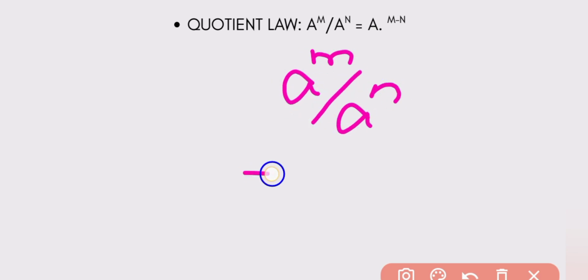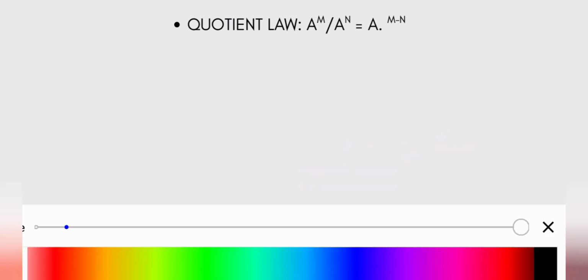Our next law is the quotient law, which says that for any number being divided, a to the power m upon a to the power n will be a to the power m minus n. Let us see how.